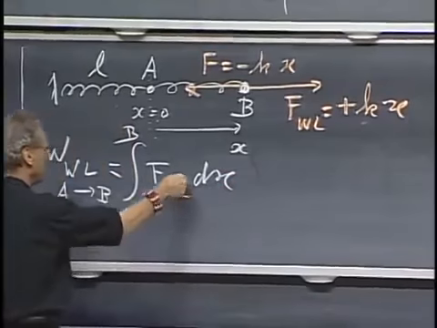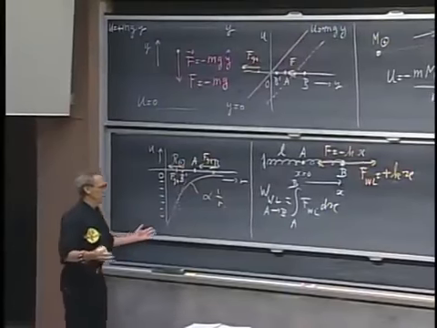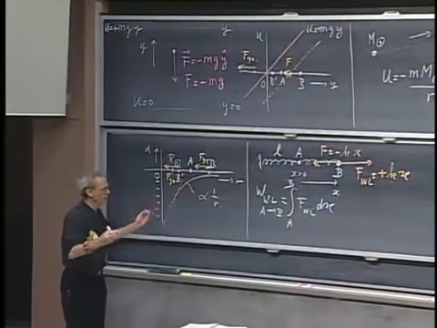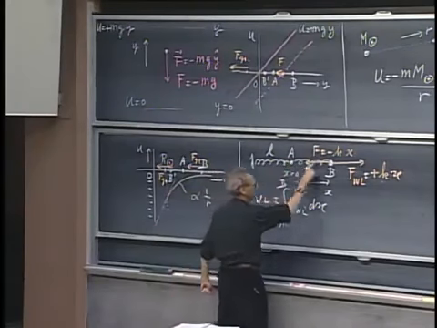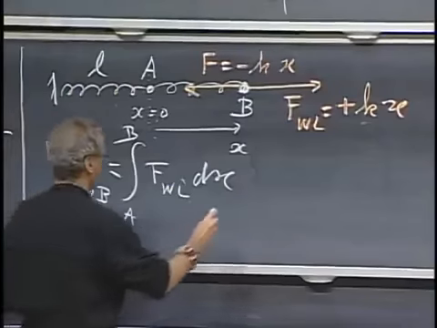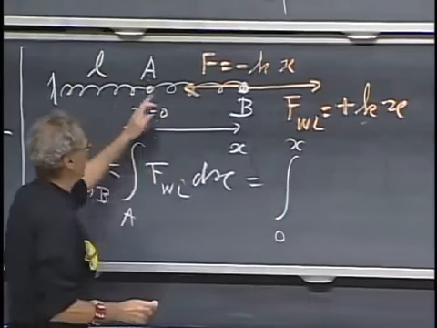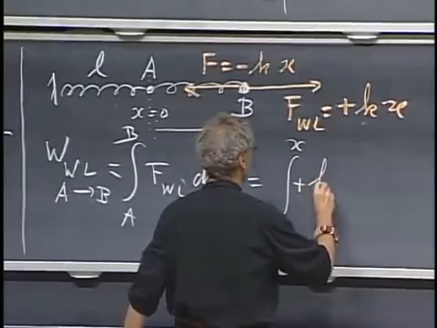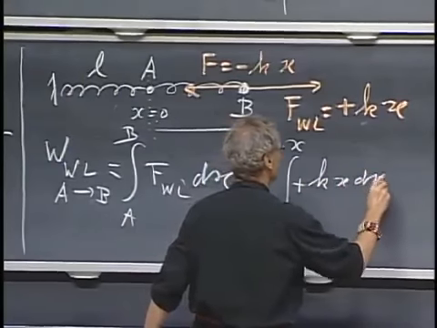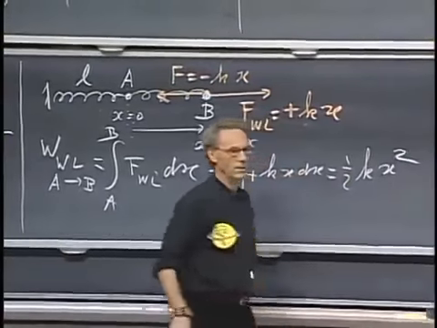It's a dot product, but since the angle between the two is 0 degrees, the cosine of the angle is 1, so I can forget about the dot product. I move it in this direction. So that becomes the integral going from 0 to a position x of plus kx dx, and that is 1/2 kx squared.